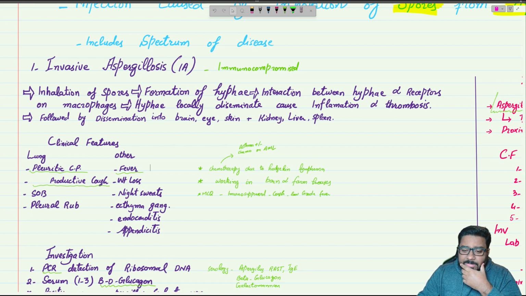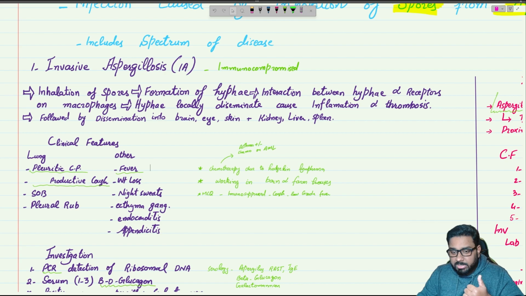For MRCP purpose, usually for invasive aspergillosis, most of the time the patient is working in an environment where the fungal species are usually present, like farms or barns, a bit moist area where molds can form easily.